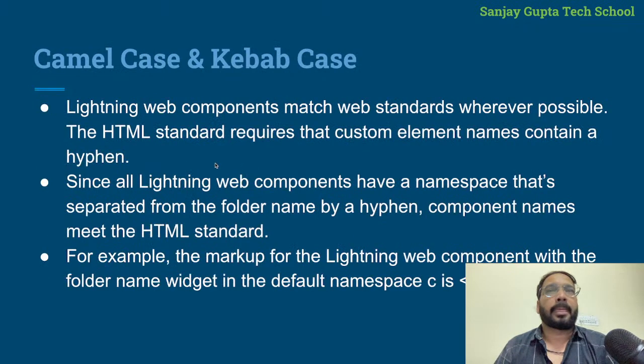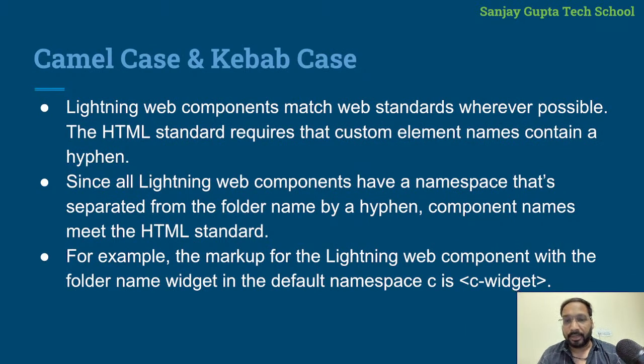Okay. Now, next is camel case and kebab case, right? So this also we need to understand in detail. Here you can see 3 points are mentioned. Lightning Web Components match web standards wherever possible. The HTML standard requires that custom element names contain a hyphen.